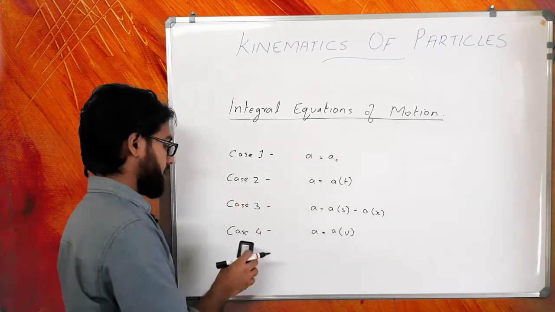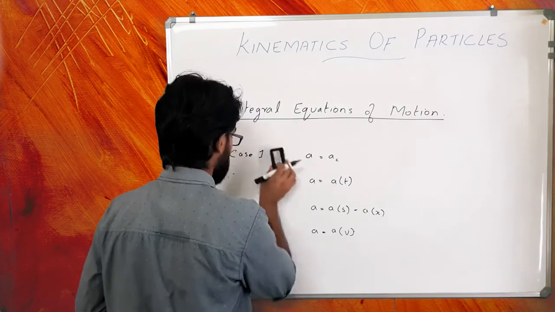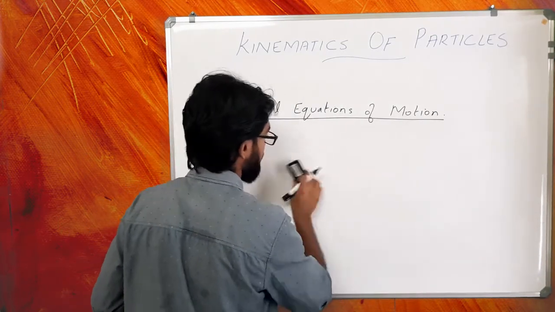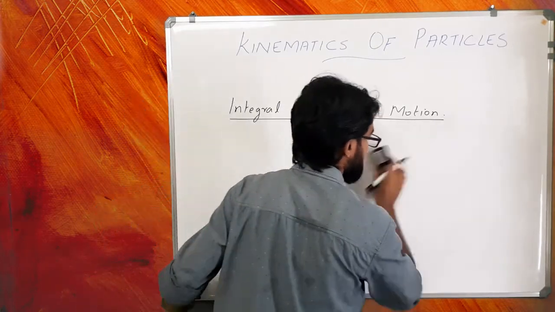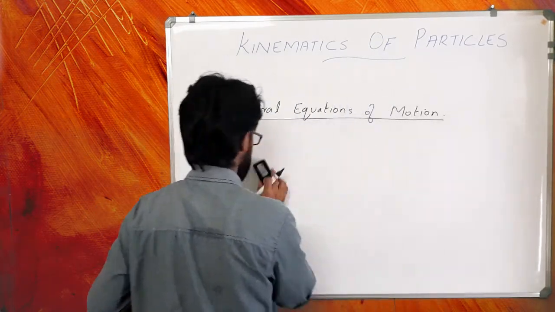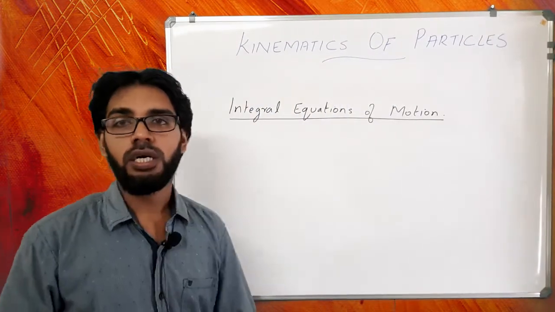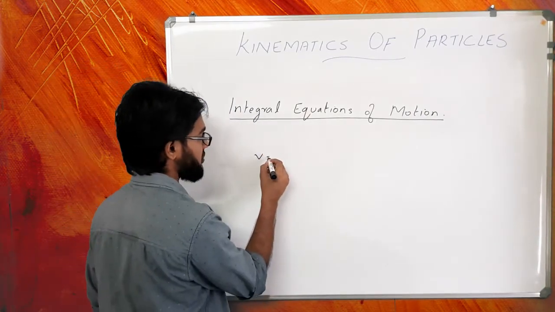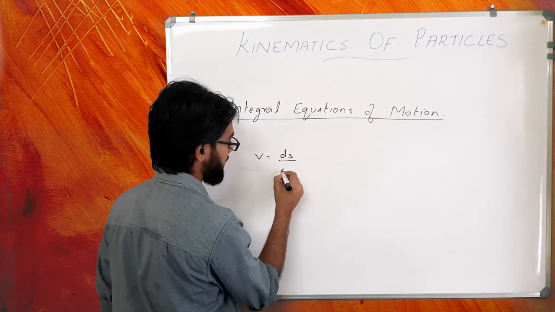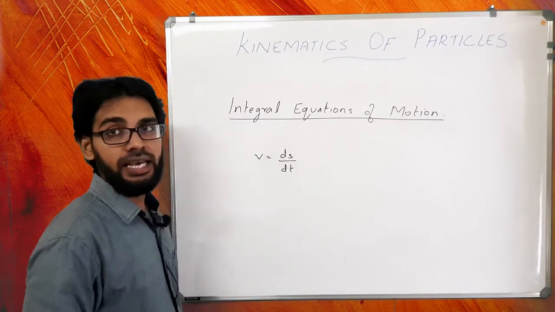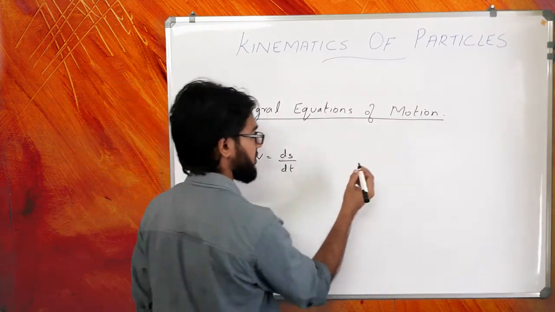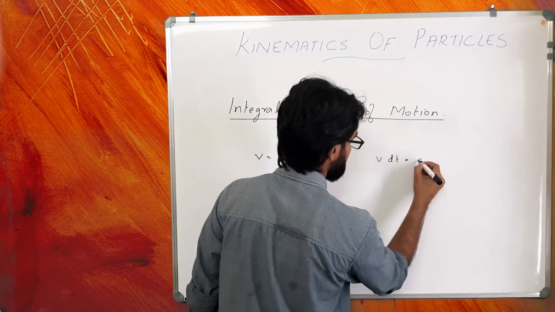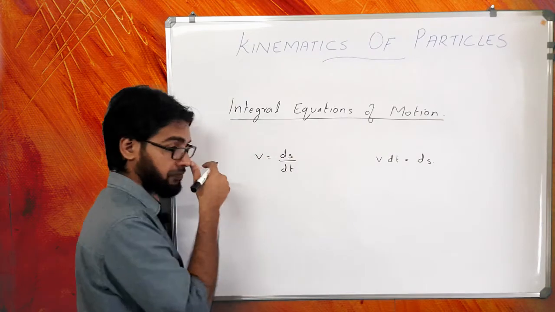But before I go into that, I need you to recollect the equations which we had studied till now. The first equation which we had discussed is V equals ds by dt. I can rewrite this as V dt equals ds.